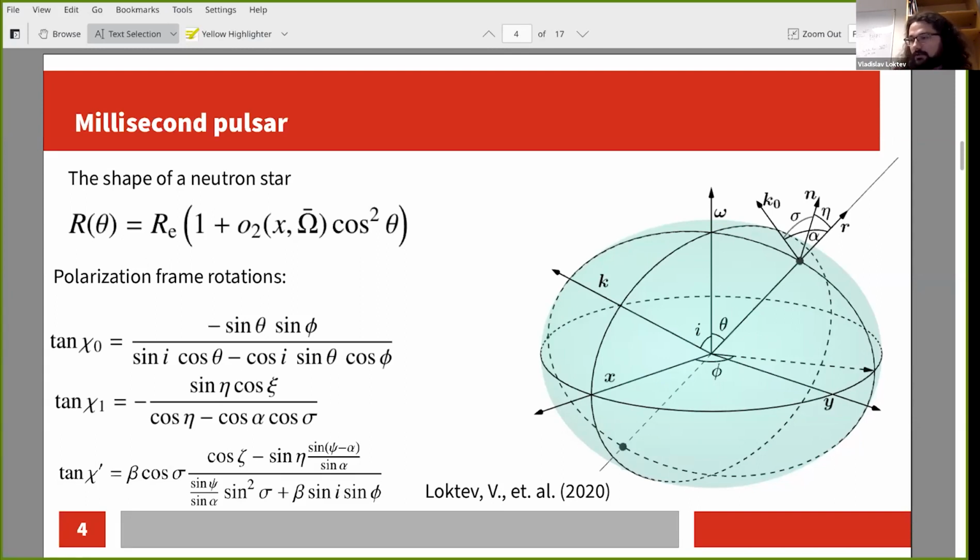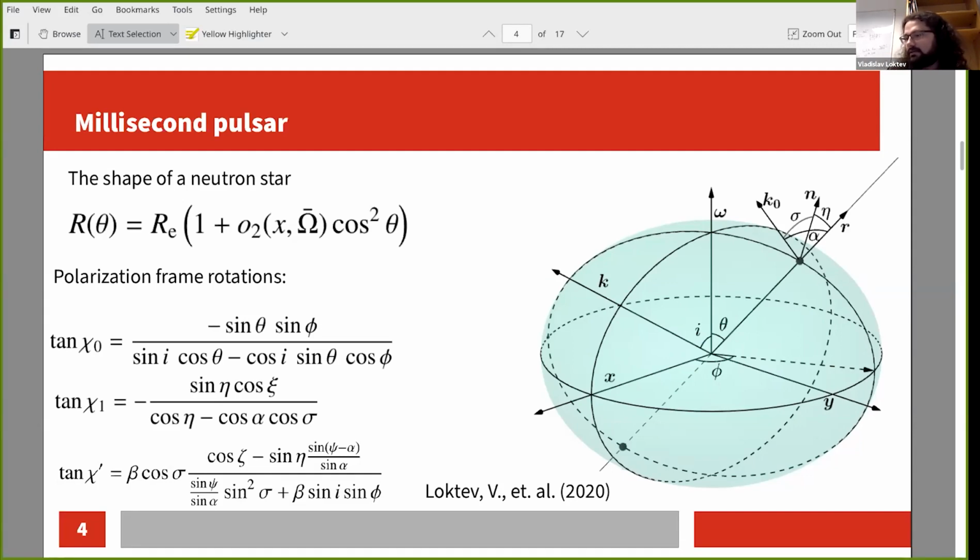The pulse profiles for spherical, moderately rotating neutron stars were already computed by Viironen and Poutanen about 15 years ago. The effects of oblateness are expected to affect the polarization parameters and the pulse profiles.